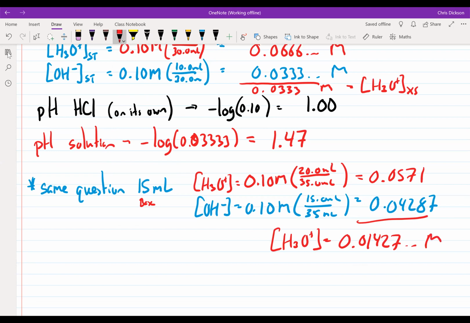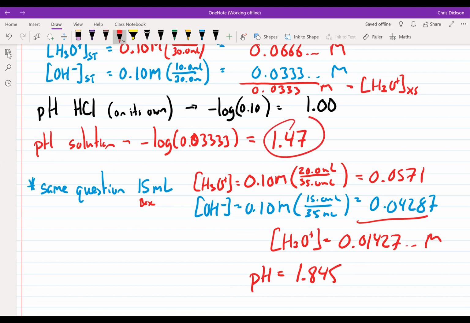Okay, so what would the pH now be? For the pH, we're going to take the negative log of that number. And so I'm getting a pH of 1.845.